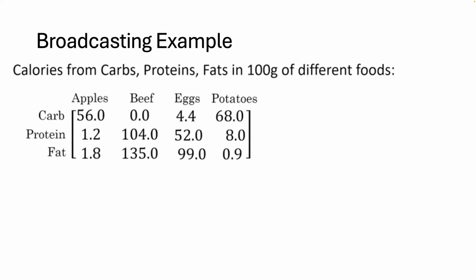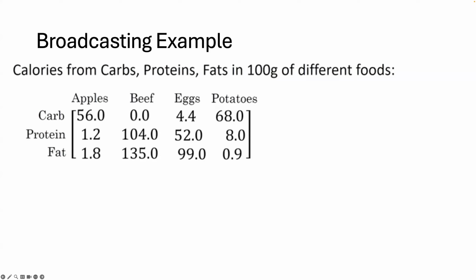Okay. So let's explore broadcasting with an example. The matrix that I'm showing here is the number of calories from carbs, protein, and fats of 100 grams of four different foods. You can see we have apples, beef, eggs, and potatoes.